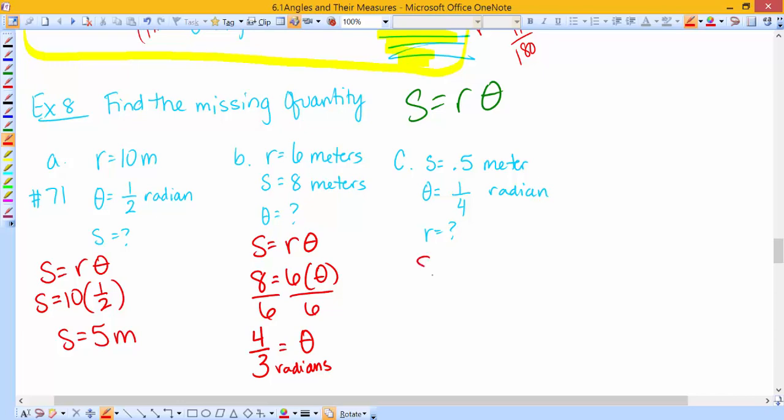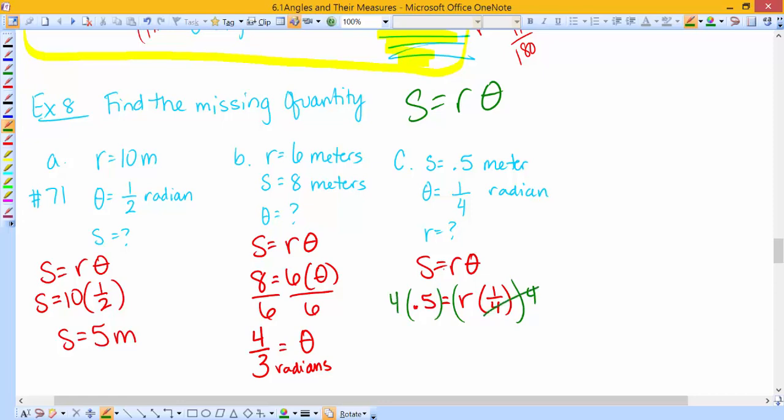And in the next one, I'm writing the arc length formula a lot because I want to remember this thing. And the more I write it, the more I process it, I'm seeing it, I'm saying it, I'm going to remember the formula for arc length. S is 0.5 meters. You're looking for the radius, and your theta is 1/4 of a radian. Since I have a fraction and I want to get rid of the denominator, I'm going to multiply both sides by 4.